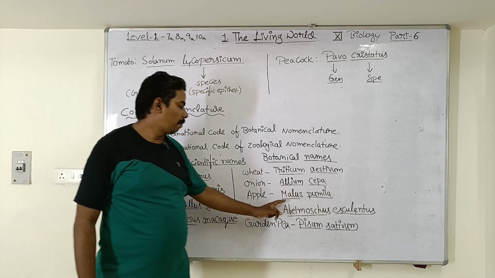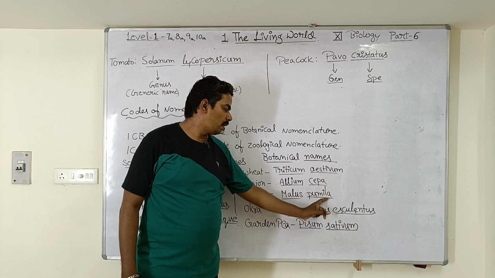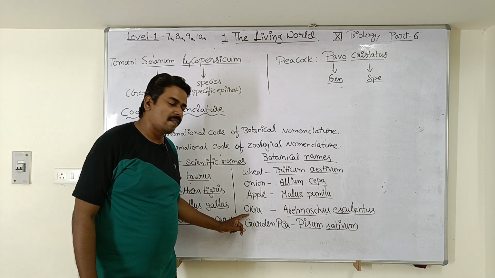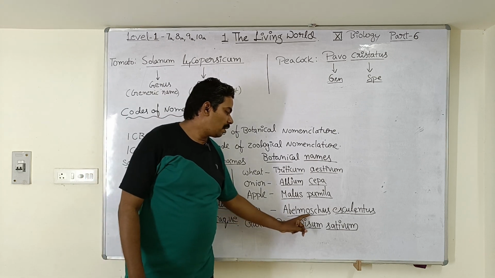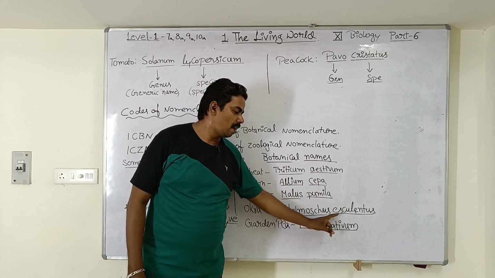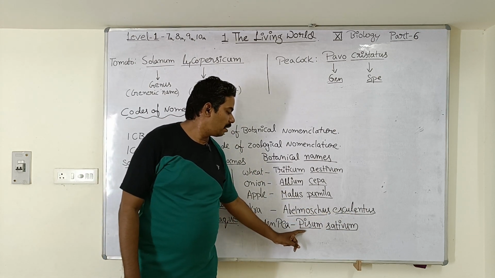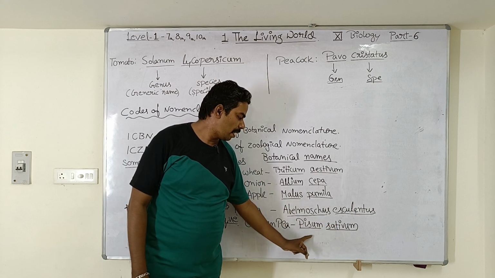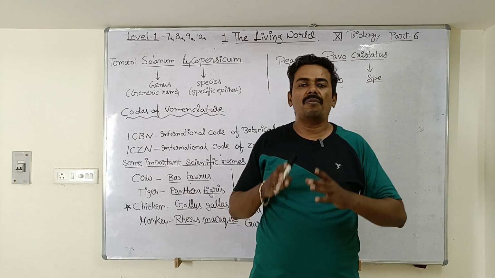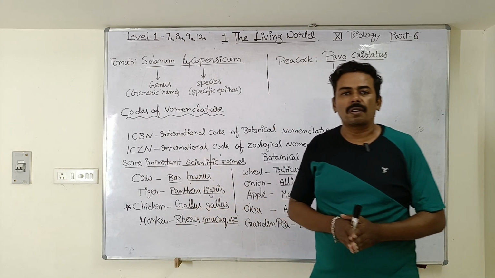Apple, Malus pumila. Okra, which is lady's finger, a vegetable, Abelmoschus esculentus. Garden pea, Pisum sativum. So these are some important scientific names of animals and plants. Note these down in your notebook, students.